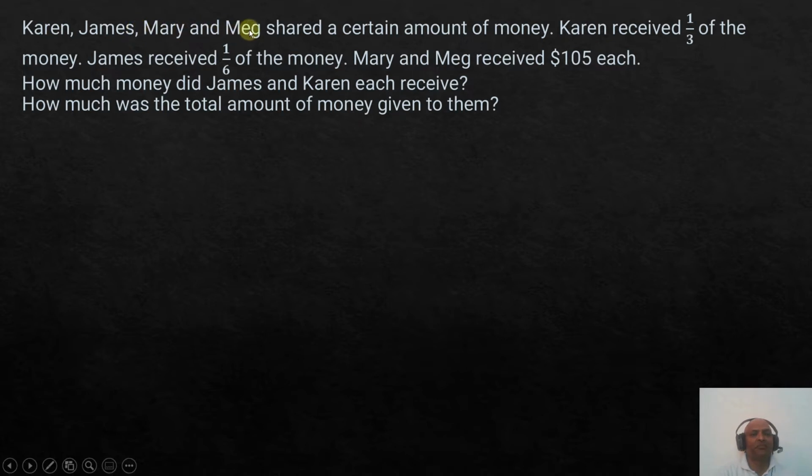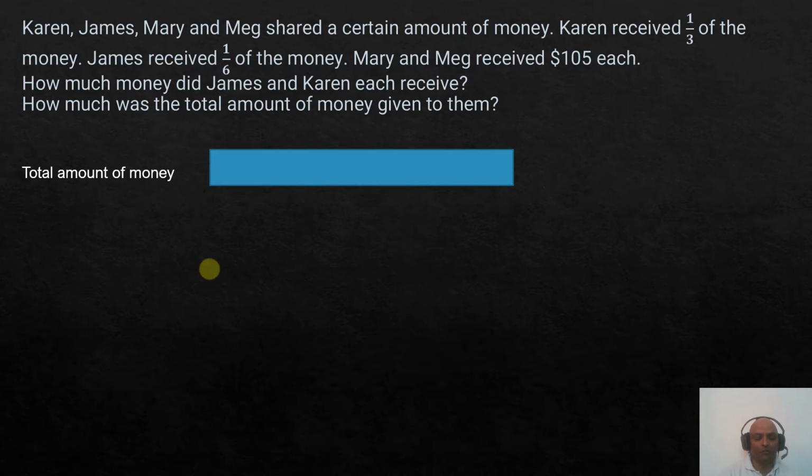Karen, James, Mary and Meg is not known, right? And Karen received 1/3 of the total money, right? So let's go ahead. The total amount of money, let's assume it's an unknown quantity, so we'll represent that with this box in here. Karen received 1/3 of the money.